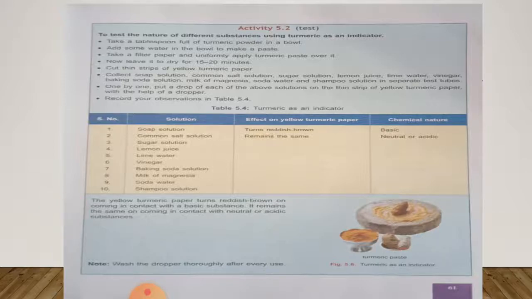After taking any solution in the dropper, you have to wash the dropper with clean water to clean the dropper. By doing so, you can prevent the acidic and basic substances from mixing together, and this allows you to easily identify the color of the turmeric. So note down this point. It can be important for your next quiz.